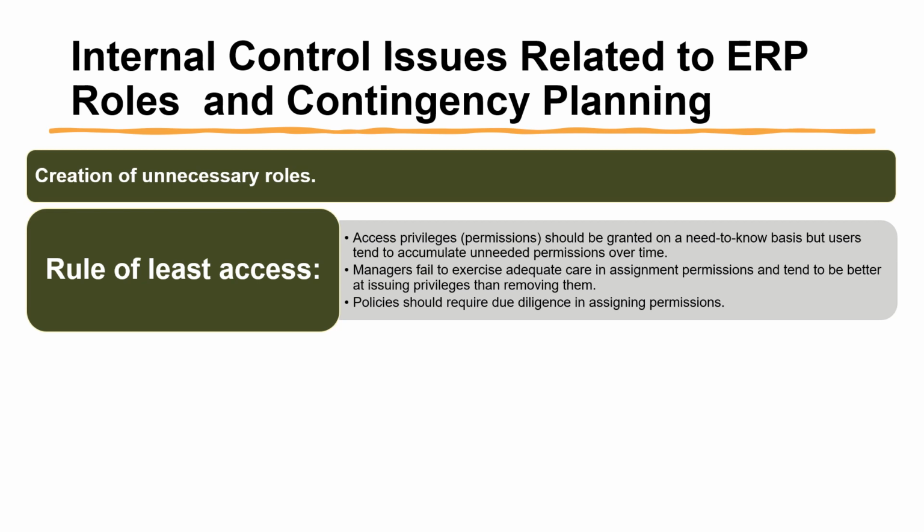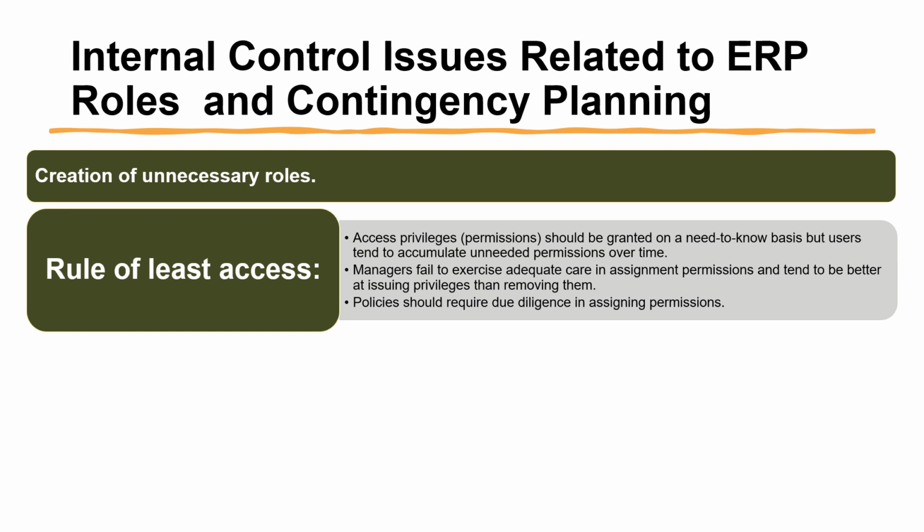Access privileges and permissions should be granted on a need-to-know basis, but users tend to accumulate unneeded permissions over time. Managers fail to exercise adequate care in assigning permissions and tend to be better at issuing privileges than removing them.